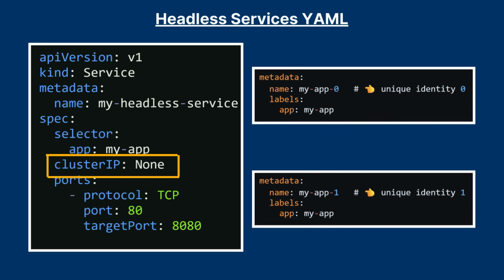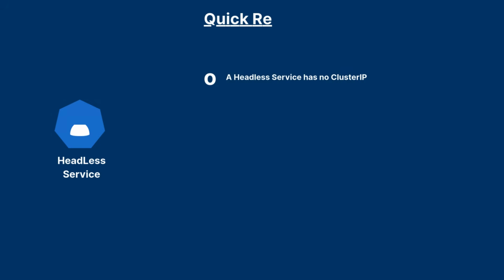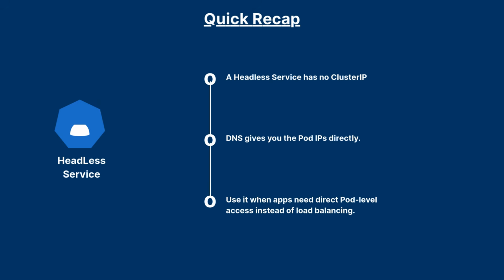And headless service allows clients to resolve and connect to those specific pods. So let's have a quick recap. A headless service has no cluster IP. DNS gives you the pod IPs directly. Use it when applications need direct pod level access instead of load balancing.